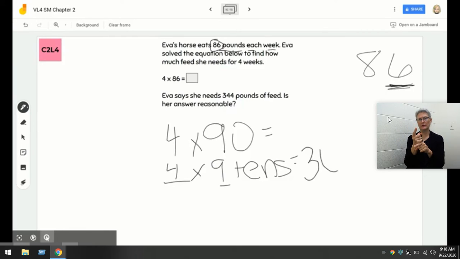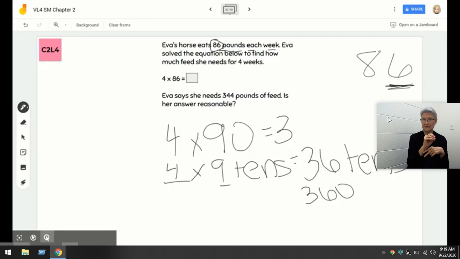So we've got 36 tens. And if you can even remember from the previous chapter, 36 tens, think about the groups of 10. So that's the same as 360. So we know that 4 times 90 equals 360.